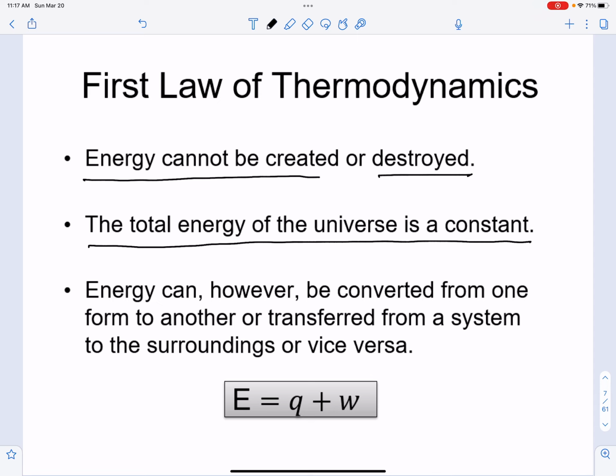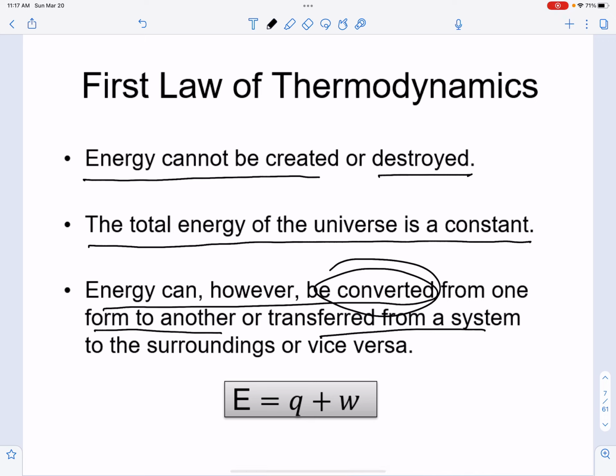Energy can, however, be converted from one form of energy and transferred from the system to the surrounding, and vice versa. And the best way to express energy is by saying that energy is a combination of heat and work.